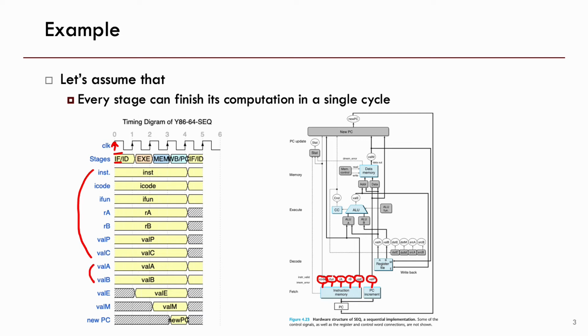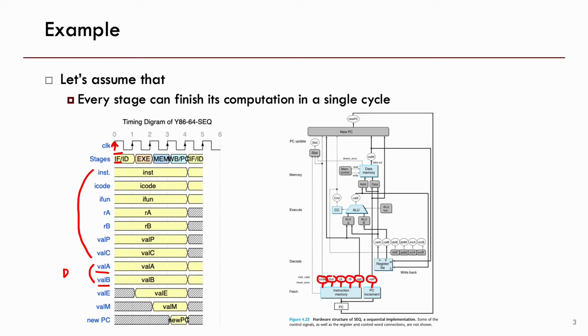The next stage, which is the decoding stage, is just reading values from the register file, so it doesn't have to be synchronized with the clock signal. As long as the values are available, it can produce val A and val B.